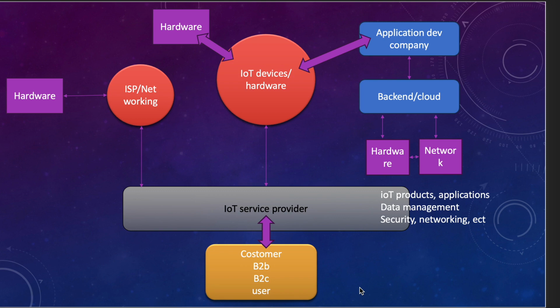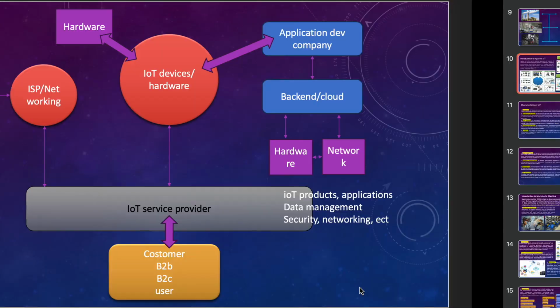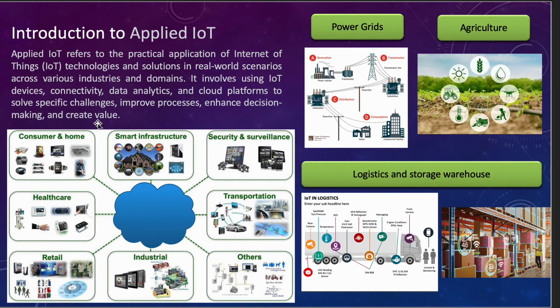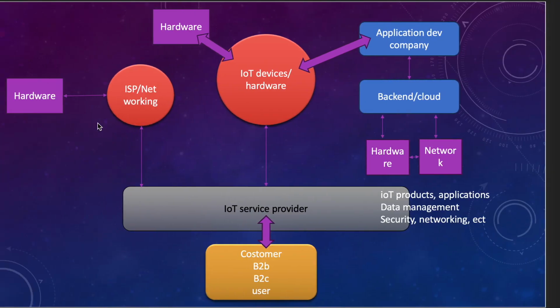Does it solve the problem? Does it automate the system? Does it provide information that is needed for decision making? Does it improve processes, and so on and so forth? Does it fulfill your requirements?